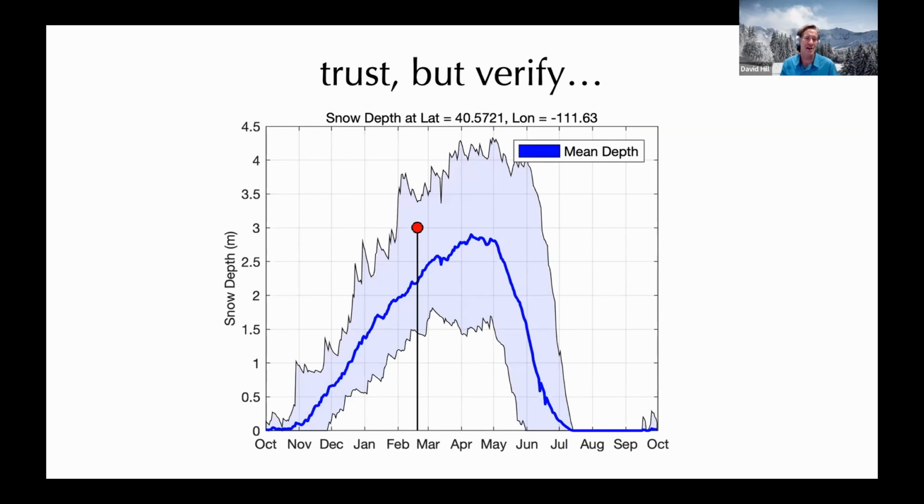The envelope that you see on this figure, the thick blue line and then a lower line and upper line, shows you at that location the minimum, the average, and the maximum snow that SNODAS has ever estimated. So when we get a measurement, if it is way outside of those bounds, we might flag it as a point that we have to remove. In this case, that red symbol was within those bounds. So we don't know it's perfect, but we tend to keep it because we don't have a reason for disqualifying it.